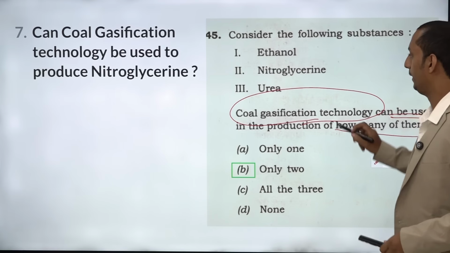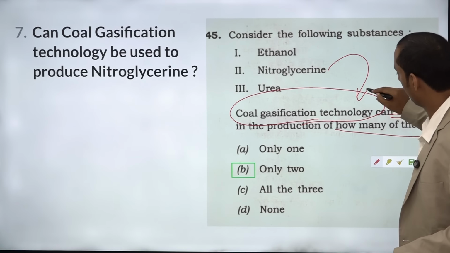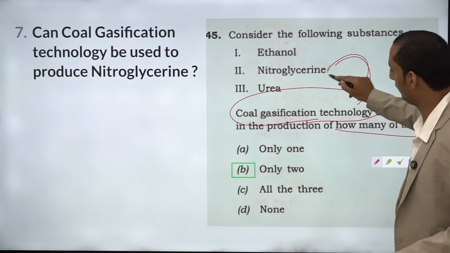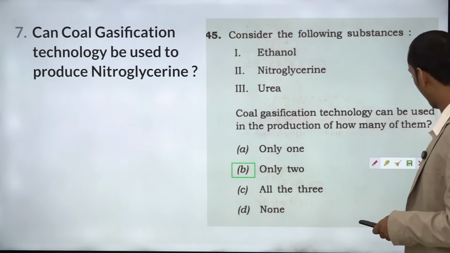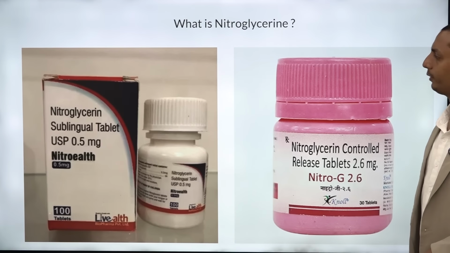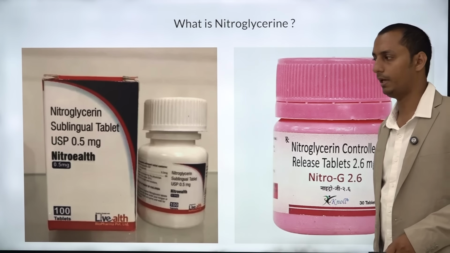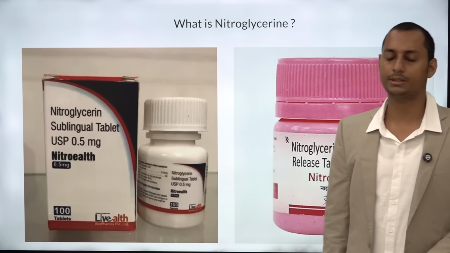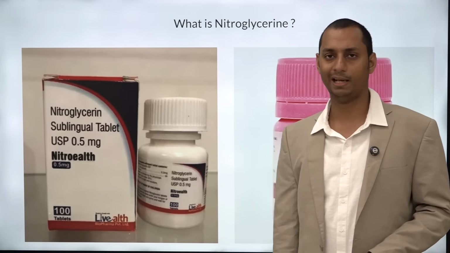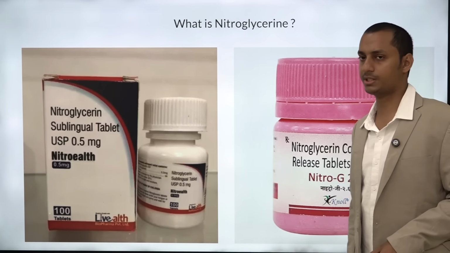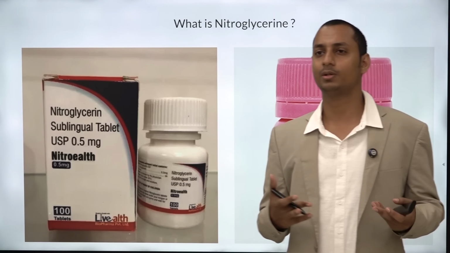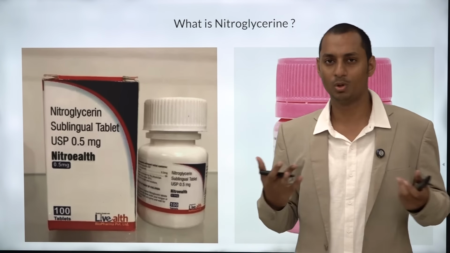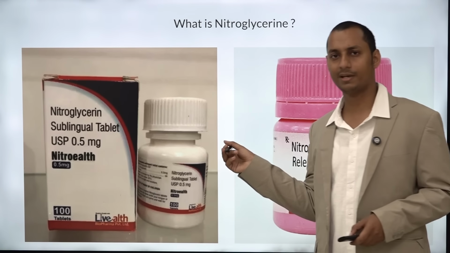So here, is coal gasification used in the creation of nitroglycerin? Now let me tell you, what is actually nitroglycerin? Nitroglycerin is basically a pill or an ointment which is used for chest pain. Now let me ask you, is coal gasification technology, which is actually producing synthetic gas from coal, used in medicines as such?